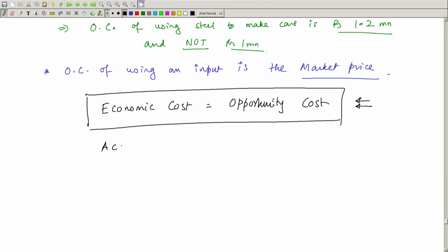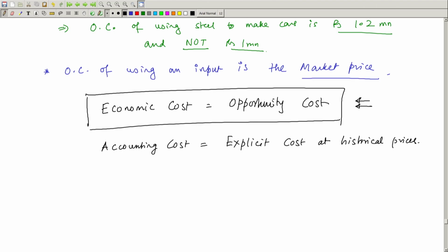Your accounting cost essentially is the explicit cost at historical prices, right. So your accounting cost is essentially measuring the monetary value that you incurred when you purchased that particular input.